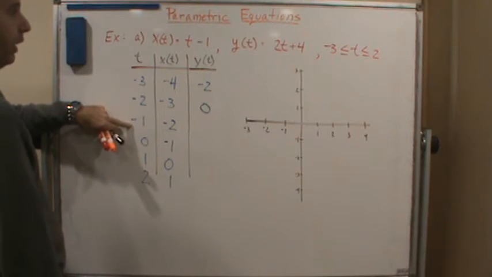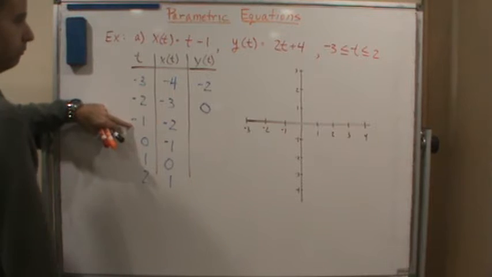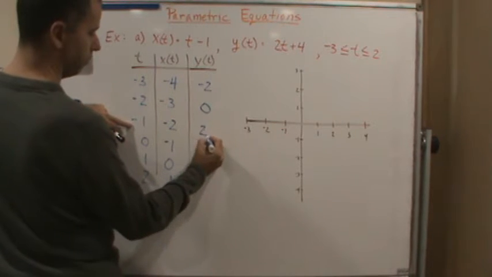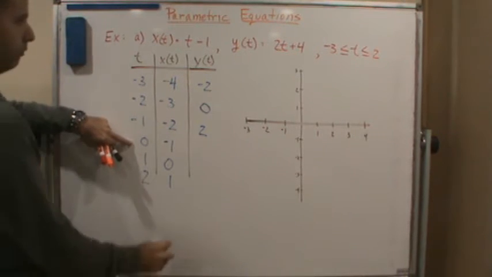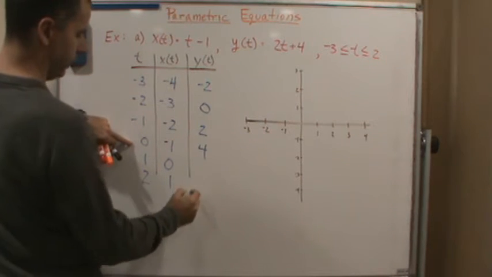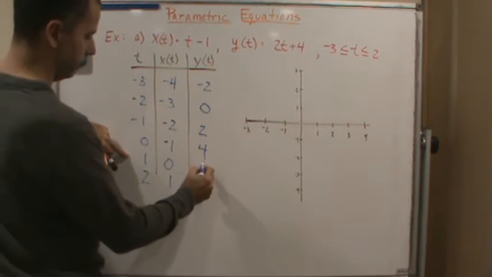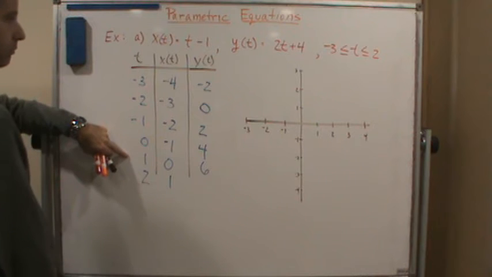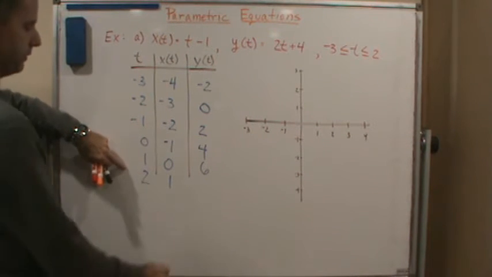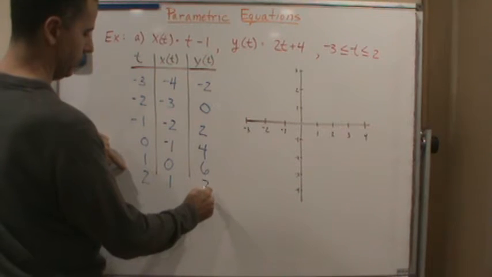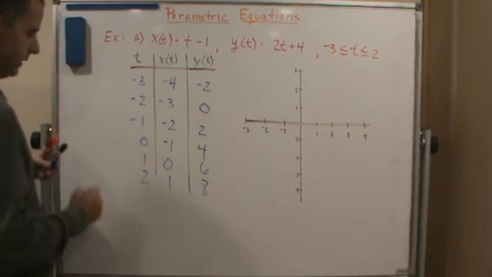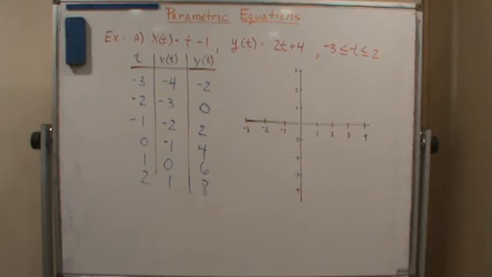If I stick in -1, you get 2. If I stick in 0, you get 4. You stick in 1, you get 6. Right? And if you stick in 2, you get 8. And so now we've got our xy points that we're going to plot.